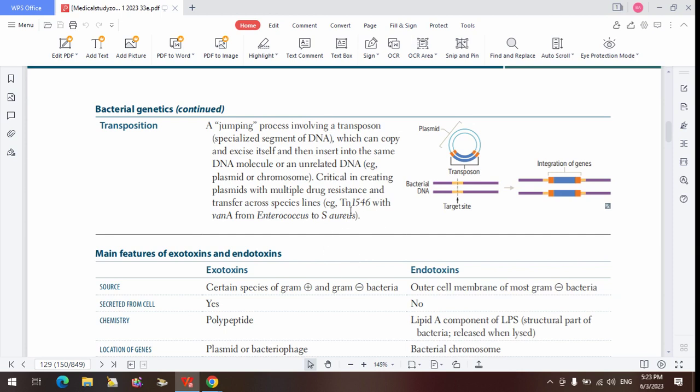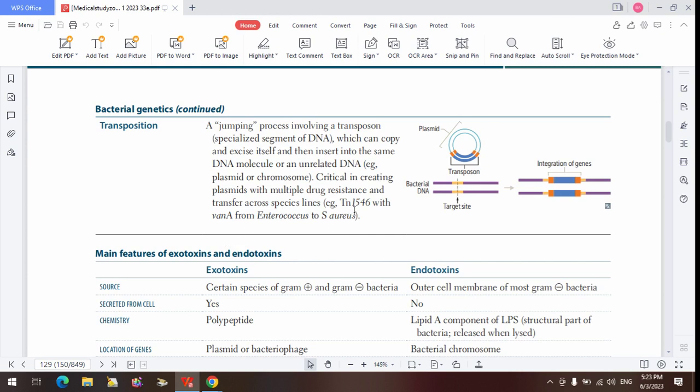They said critical in creating plasmid with multiple drug resistance and transfer across species line, particularly Tn1546 with vancomycin from Enterococcus to Staph aureus. Enterococcus generally are resistant to vancomycin. So if you want to produce Staph aureus that is vancomycin resistant, how can you do that?